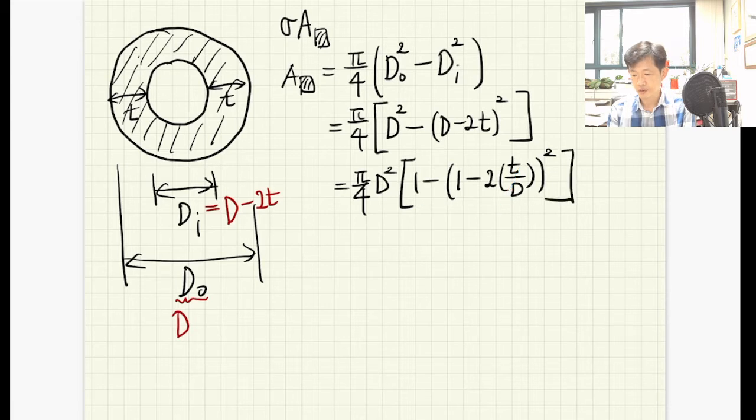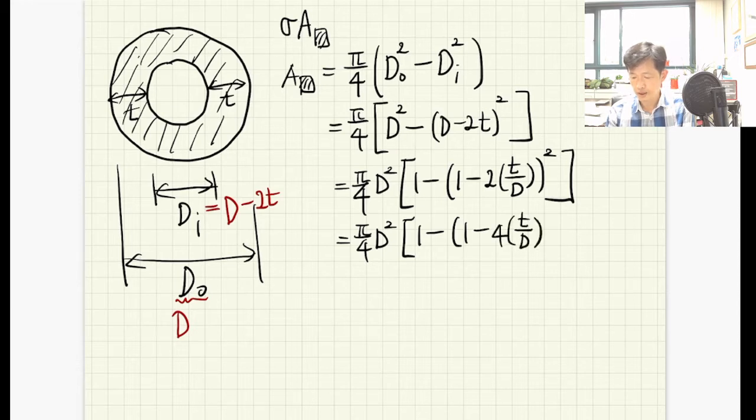So before doing that, we'd like to expand that expression, pi over 4 D square times 1 minus, and I'd like to expand it: 1 minus 4t over D plus 4 t over D square.